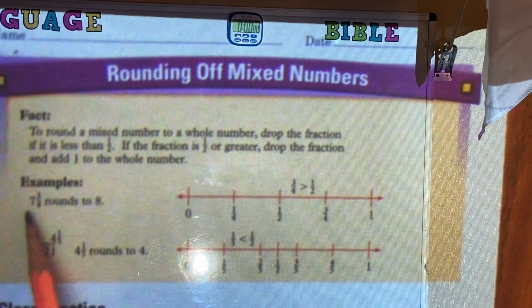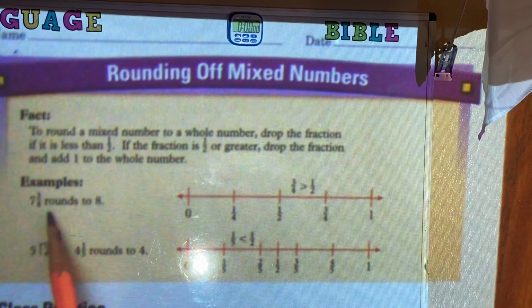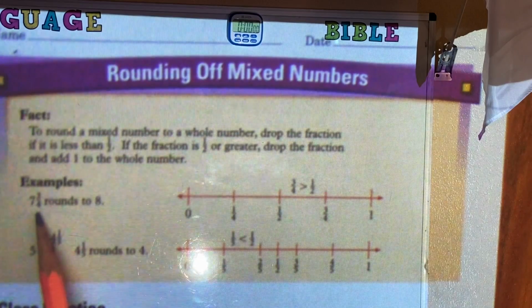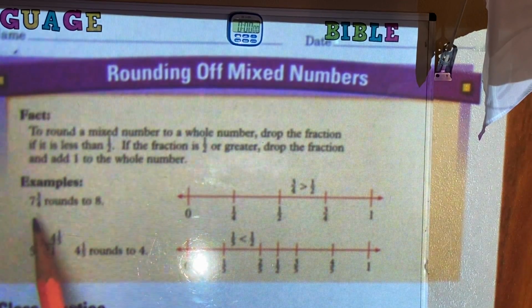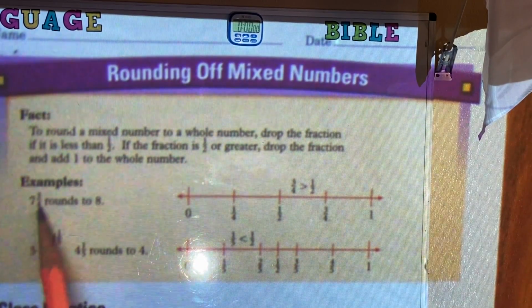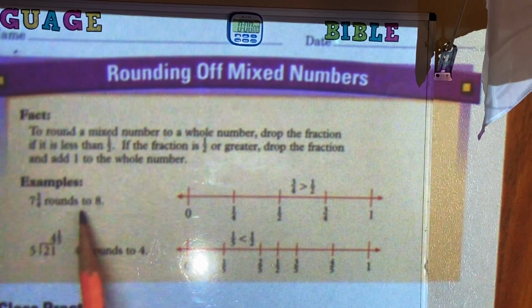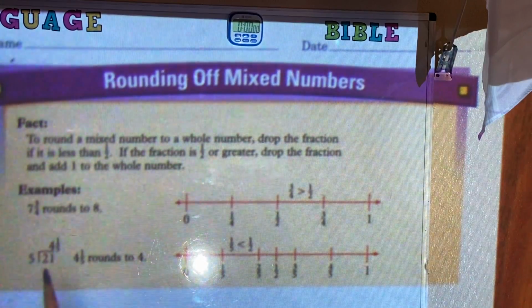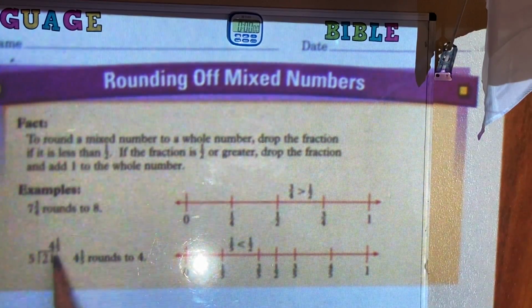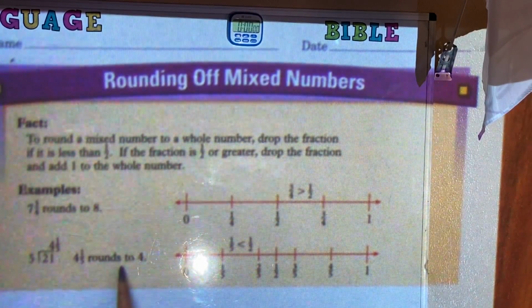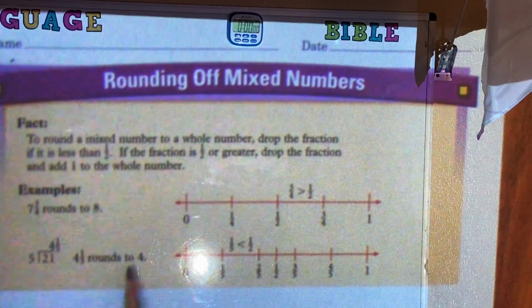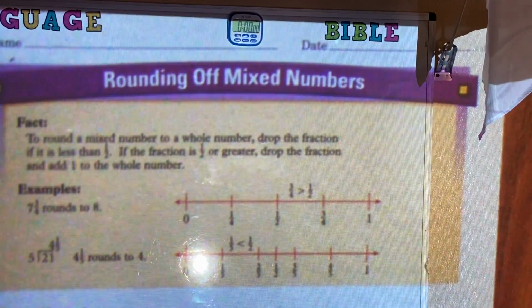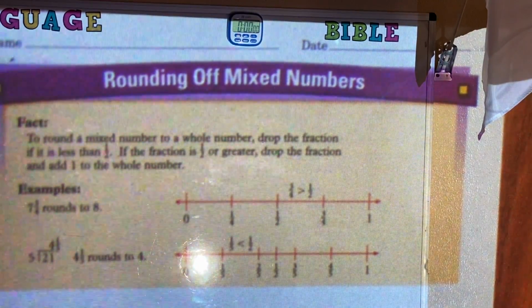So you have an example, 7 3/4 rounds to 8, because like they said here, if it's half or greater, you add 1. So 7 3/4 rounds up to 8. Okay? For this one, 4 1/5, this one is going to round off to 4 because that is not half or more, so it stays the same. Okay?